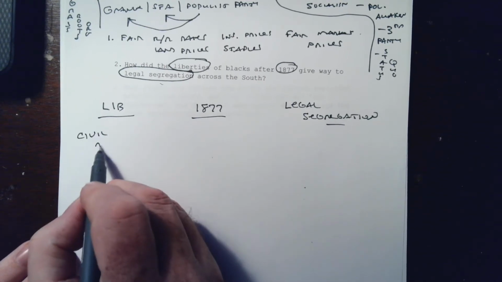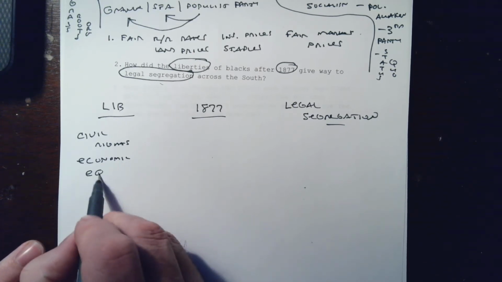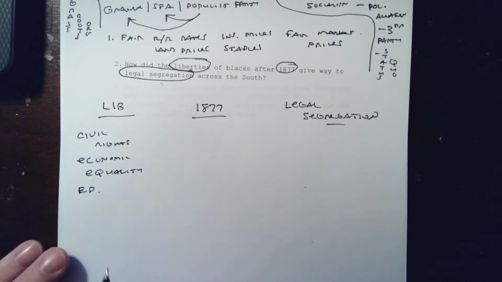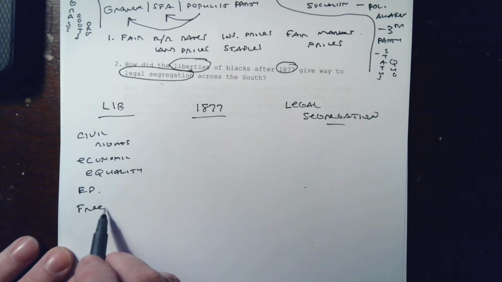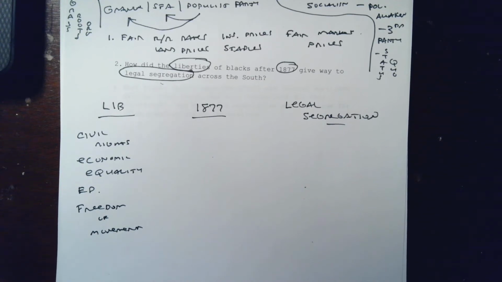Civil rights, economic equality, education, freedom of movement. These are all things that African Americans wanted when the end of the Civil War occurred.